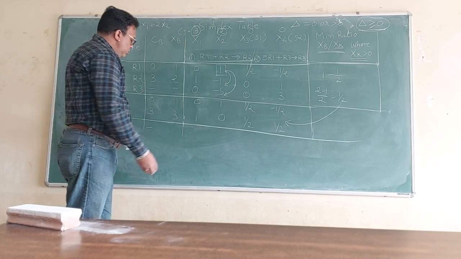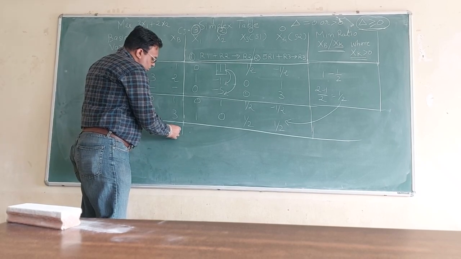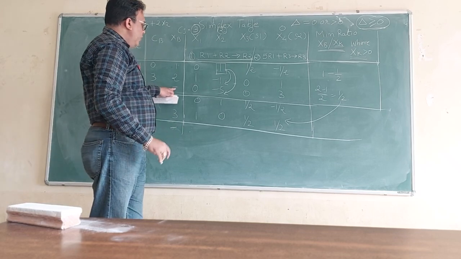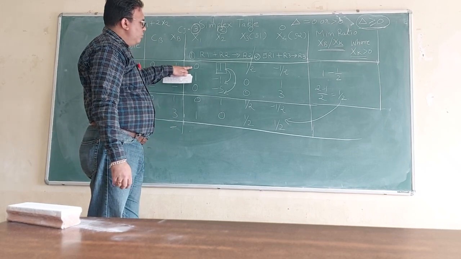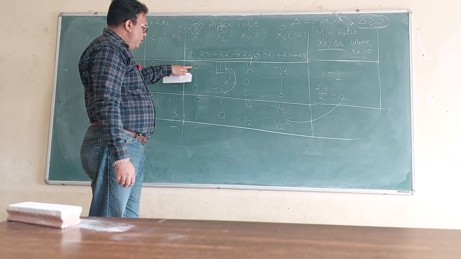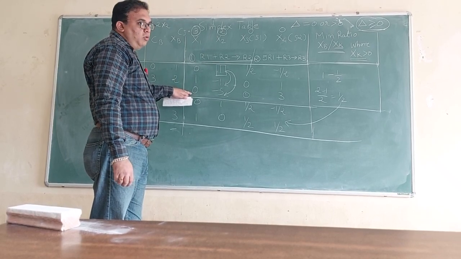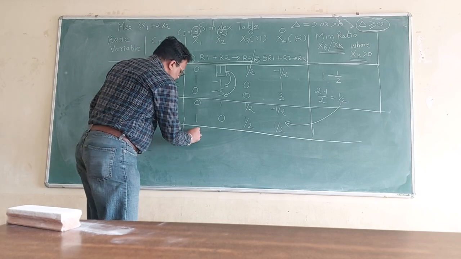Addition, no value, so we don't write anything because there is no value. 0 into 5, 0 plus 0, so 0.